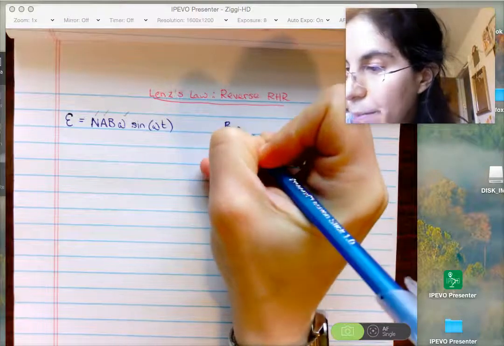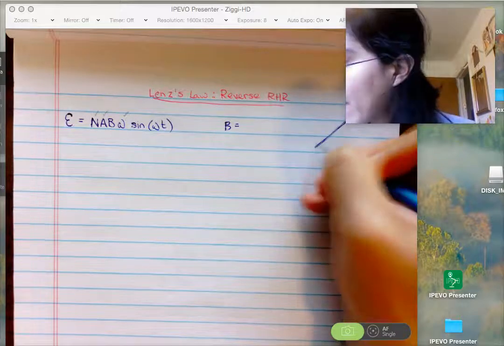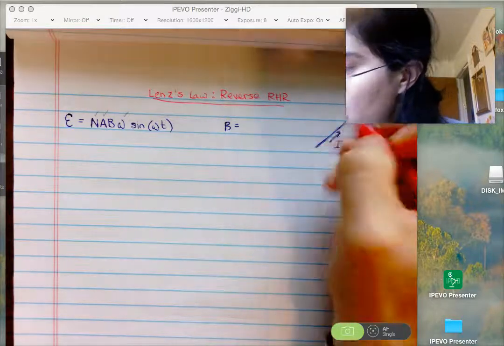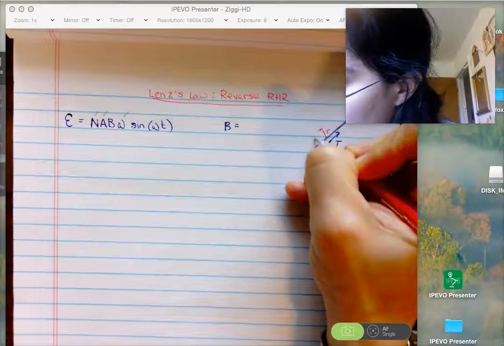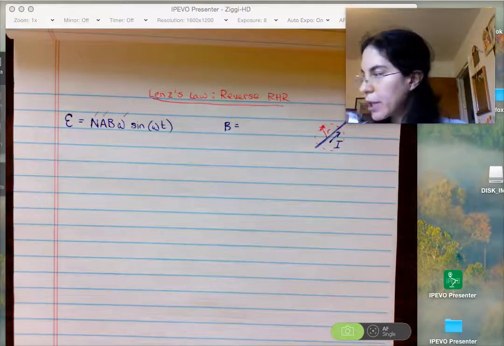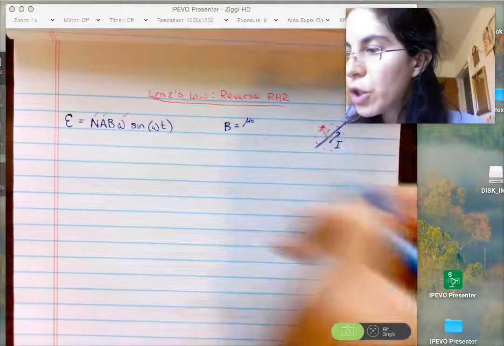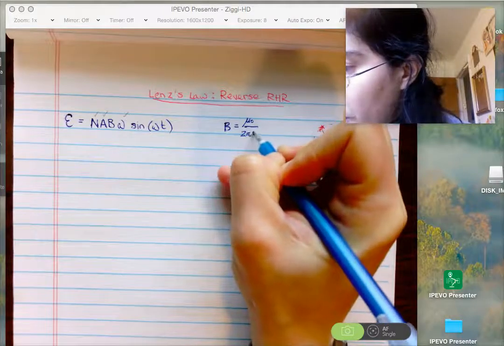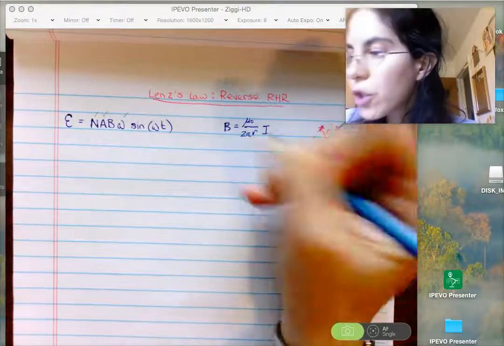If you look up Ampere's law and the calculus behind it, you'll find that B, the magnetic field around a wire carrying a current of I, such that you are over here somewhere, a distance r from the wire, or, to be fair, not just there, but anywhere else along that equal potential, the magnetic field will be directly proportional to the magnetic permeability of free space, and inversely proportional to how far away you are, and directly proportional, of course, to the strength of the current.